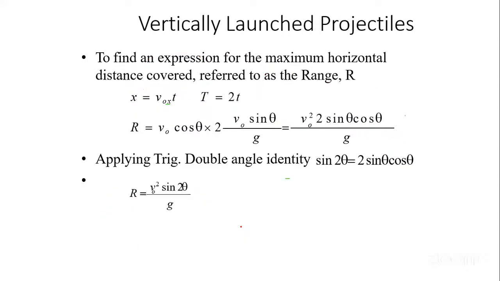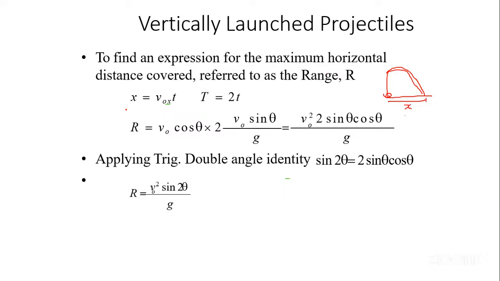Then the horizontal range. Now we consider that the object is moving this way, from the original point. The object went up and then it's coming down. So there's a distance from the initial position to the final place where the object lands, along the x-axis.